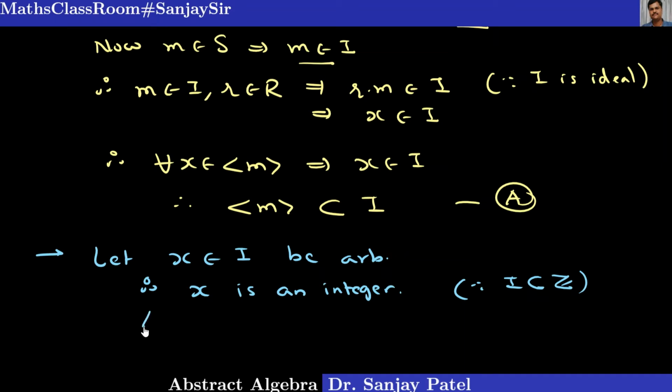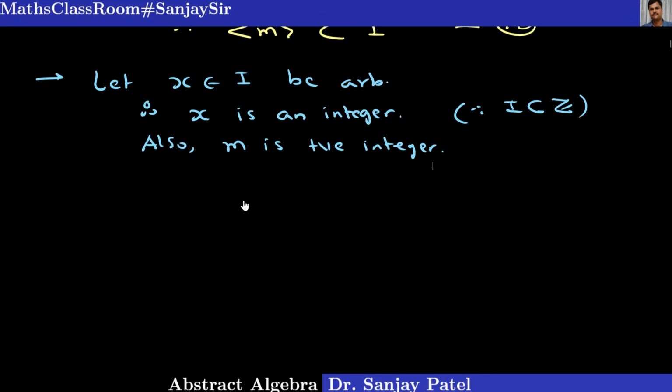Also, we have that m is a positive integer. So I want to apply the division algorithm theorem for x and m for integers.